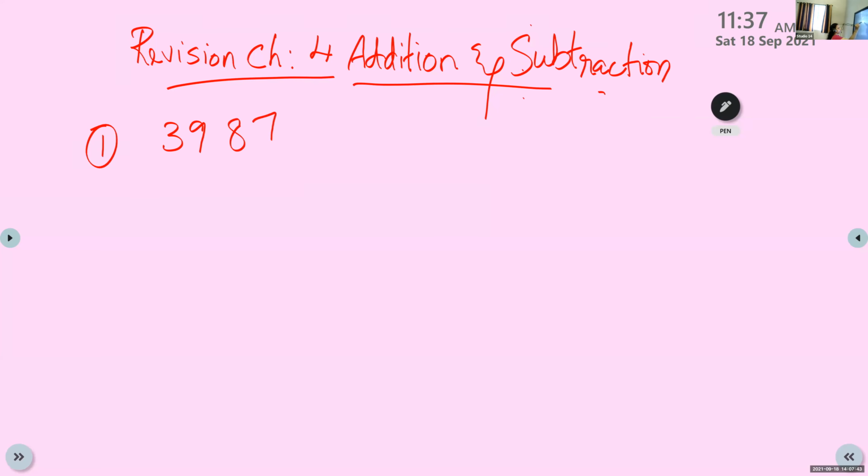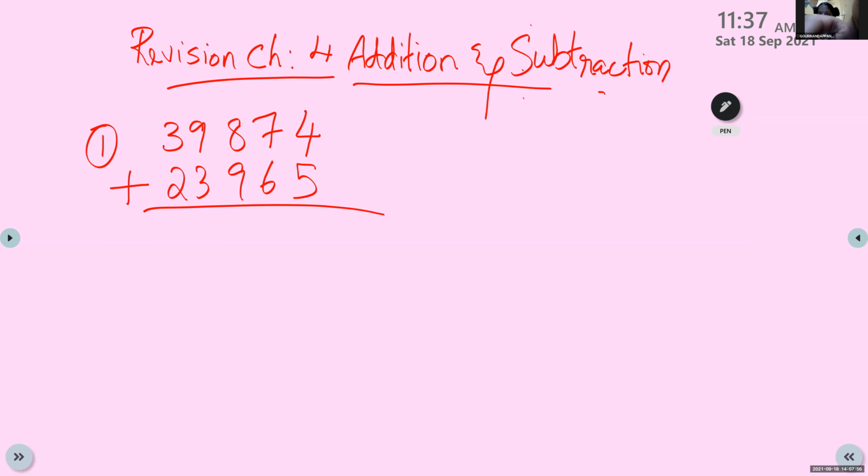39874 plus 23965. You can see the symbol here. What do you have to do? I have to write the question. Without writing the question, we cannot do this addition.